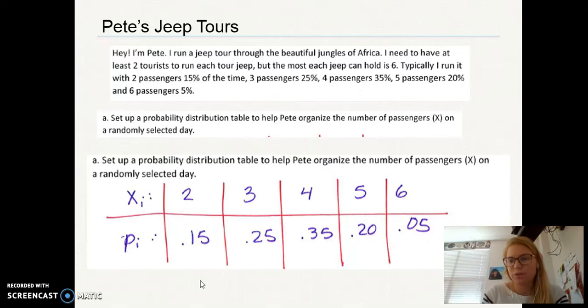So what we're going to do next is find the expected value. If he were to look at his ratings over many days, how many people should he expect to have on a Jeep tour on any given day? You could either use the calculator to put these in L1 and L2, or do it by hand, because that's not too bad.